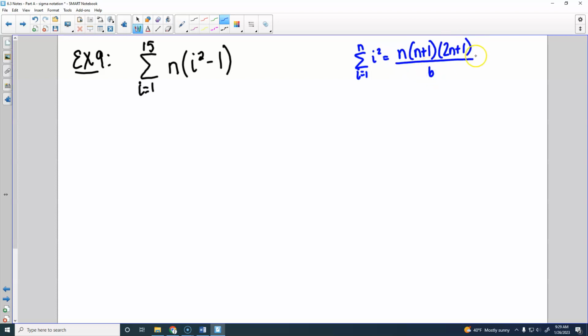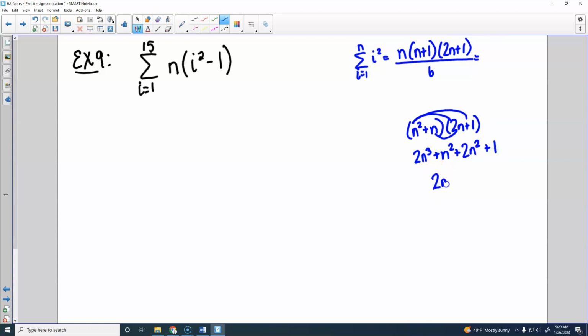Okay, I'm going to do this for you also. Let's go ahead and multiply this together. n times n plus 1 would be n squared plus n, and then 2n plus 1. So if we distribute that, we get 2n to the third plus n squared plus 2n squared plus 1.